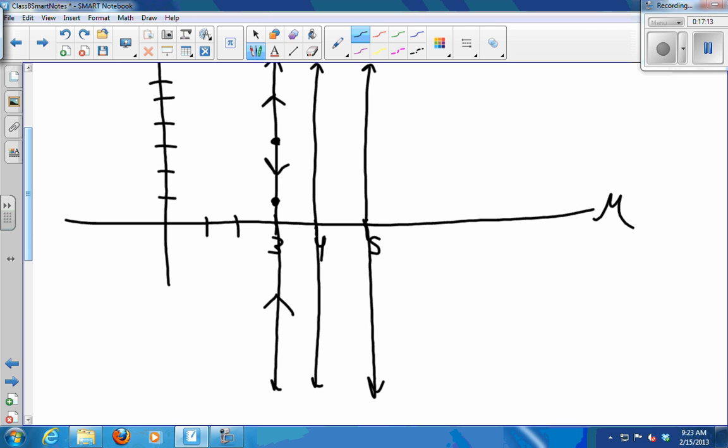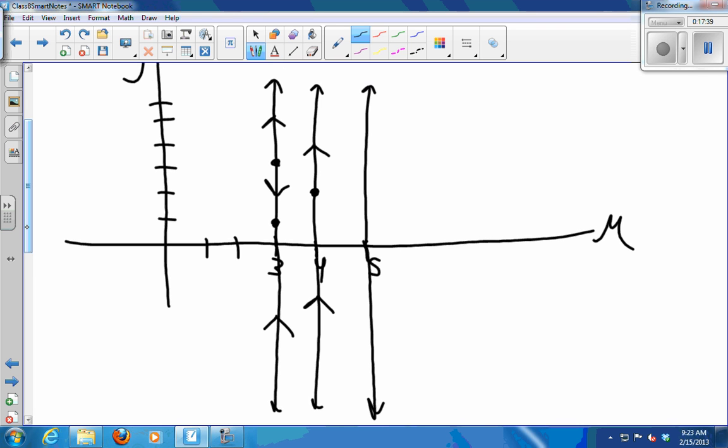So I put in my equilibrium point at 2 and up arrows on either side of it, because the parabola is always positive. Then for F5, do I have any equilibrium points? No, because that parabola never crosses the x-axis. And it's always positive, because we're always above the x-axis, so I have just an up arrow on the whole line.